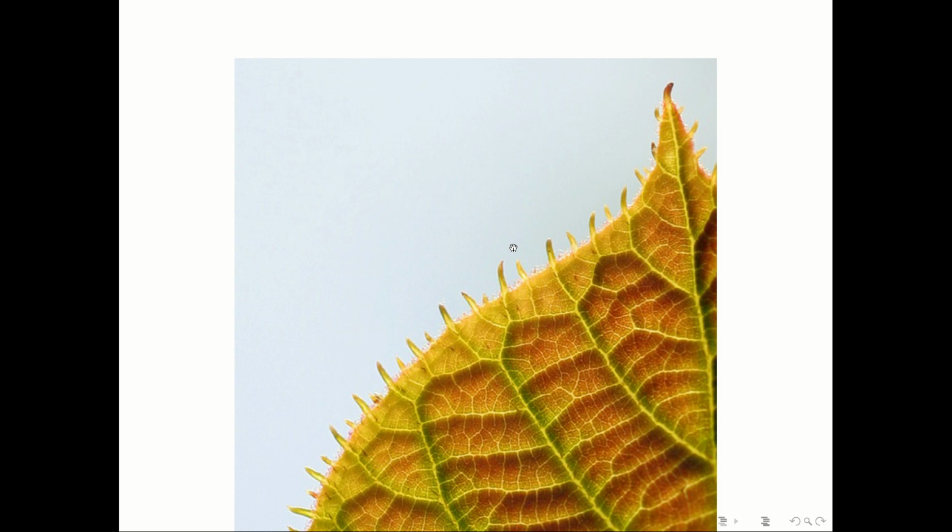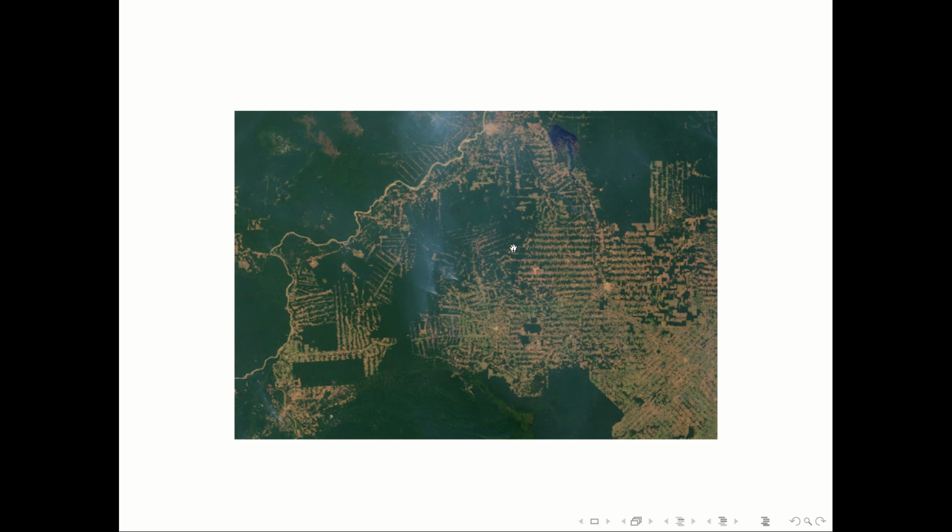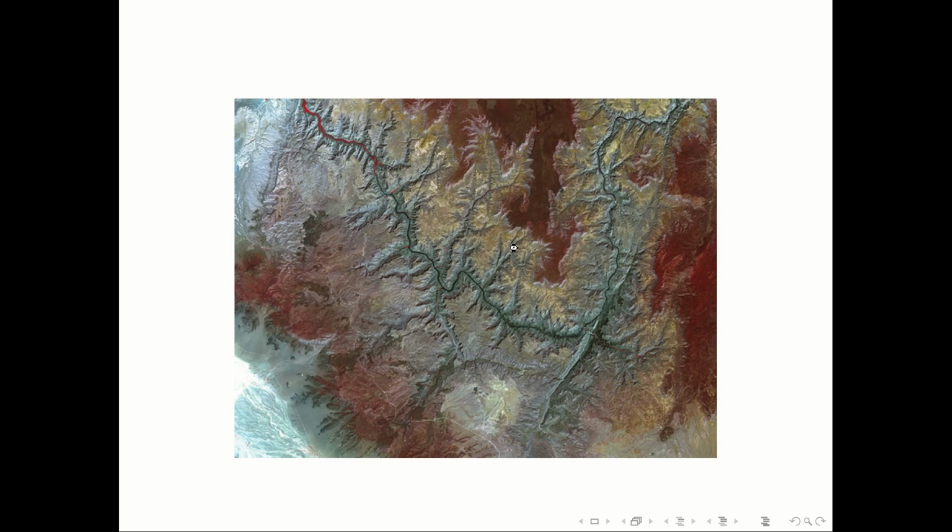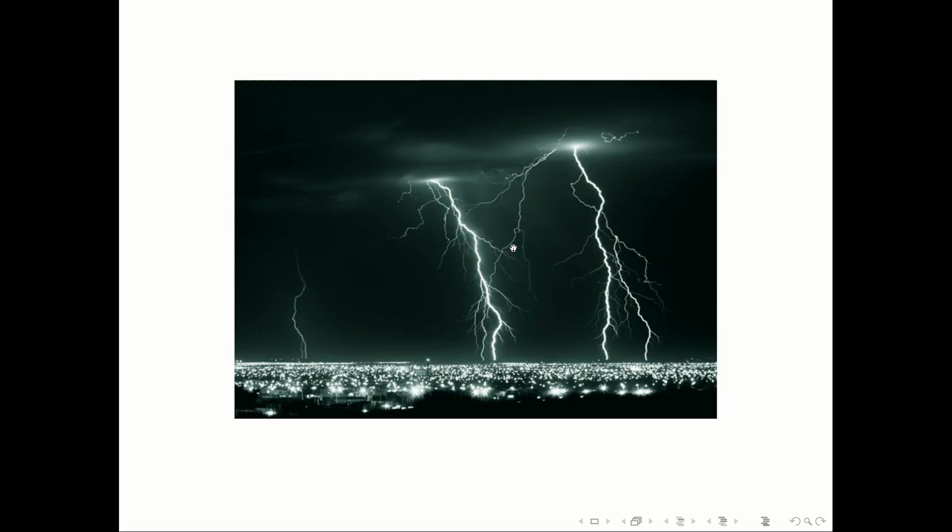You see this repeating theme again in leaves, in an aerial view of the Amazon, in the Grand Canyon, in lightning strikes. If you took one of these small branches of the lightning strike, blew up its picture, you will again see a replica of the whole thing.